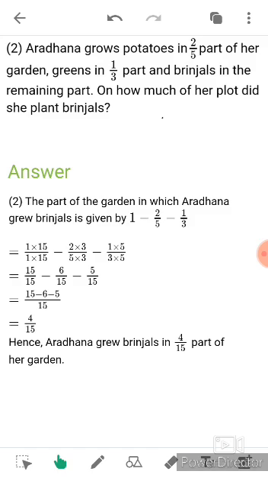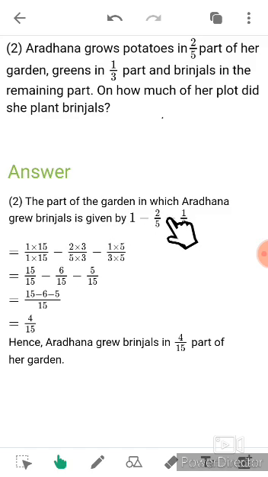Now here students, 1 means whole, that is 15 upon 15. Here we can bring the same denominator, that is 15, because 5 3s are 15 and 3 5s are 15. So here you will have to bring 15. So 15 upon 15 is equal to 1, that is whole. So 1 multiplied by 15 is 15 upon 15, then minus 2 multiplied by 3.